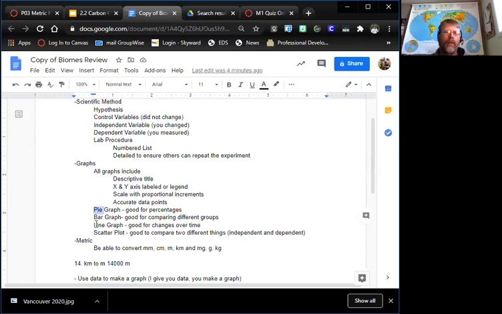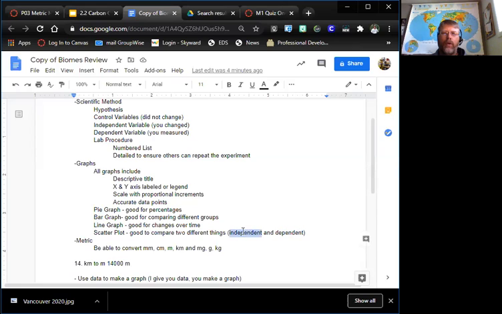If I said how much the pea plants grow over time, that would be a good line graph. And then if I said something like the number of pea plants versus the amount of water, we have the number of pea plants, which is going to be our dependent.